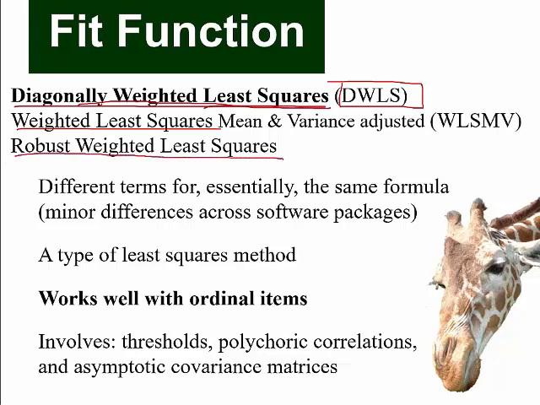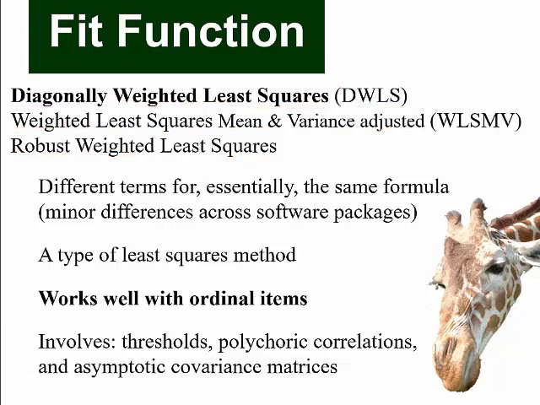So robust weighted least squares, WLS-MV, and diagonally weighted least squares, DWLS, are different terms for essentially the same thing. There are some very minor differences, and different software packages approach things just a little bit differently, but for all practical purposes, these are all different terms for the same thing. And these are all different types of using the least squares method as the fit function, as the estimator.